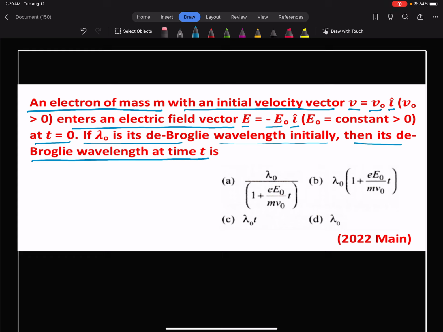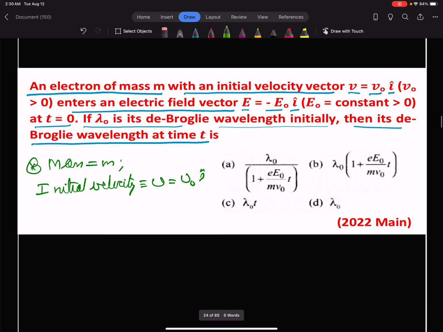So here we are given a velocity. Let's start with mass. We are given a mass which is m. We are given velocity, which is our initial velocity, v equal to v naught i unit vector. So i unit means the positive x direction.